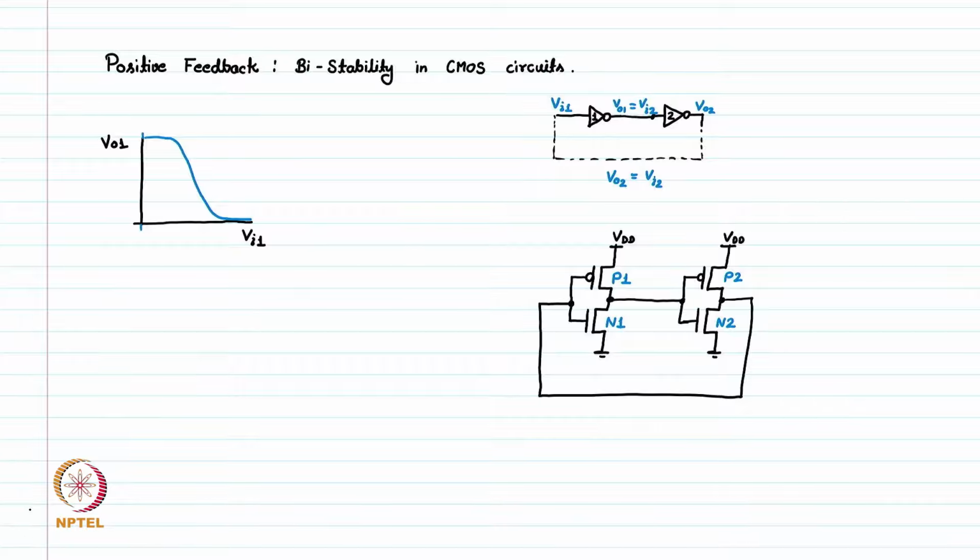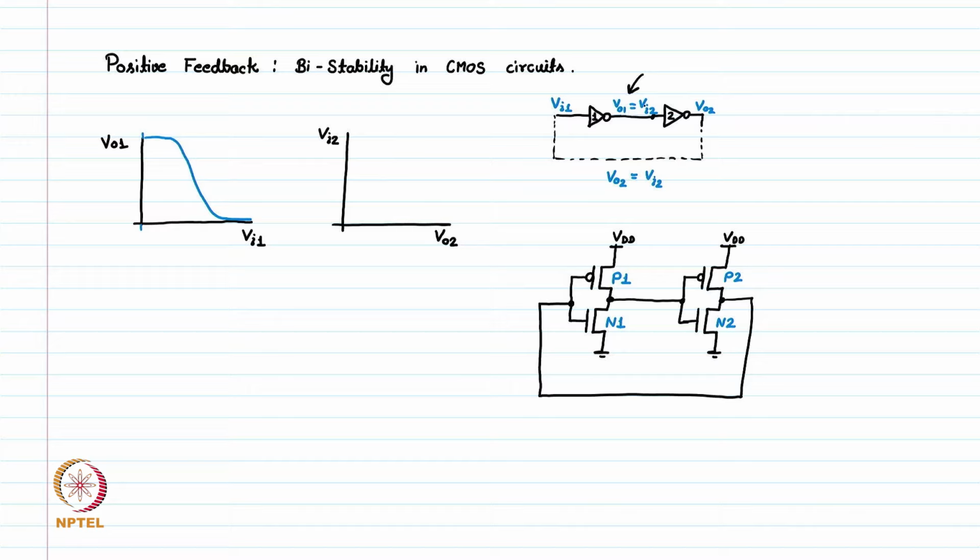If we draw the VTC of the second inverter, that looks something like this. We draw it a little differently. V output 2 is like here, and V input 2 is like this, so that we can combine it in a single graph, because we know that V output 1 is equal to V input 2.